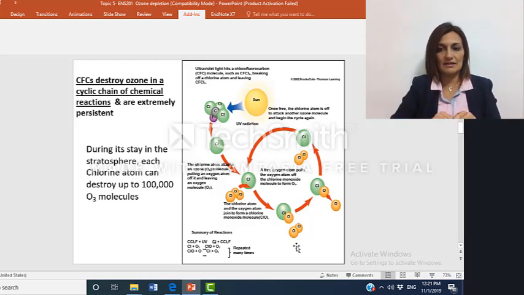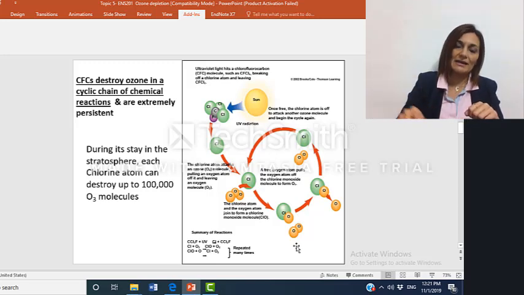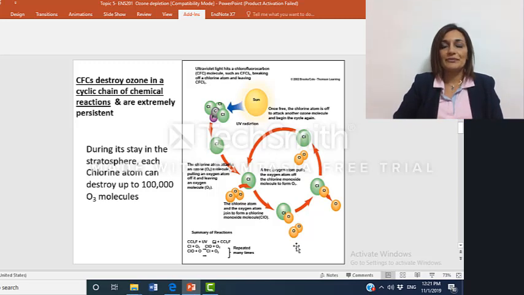This is how O3 is damaged, okay? And interestingly, each Cl can destroy up to 100,000 O3 molecules. So it goes in the cycle back again, stripping up to 100,000 O3 molecules. And this is why it is completely banned. It's very stable. The other molecules work similarly by releasing their Cl or their stable atom and stealing an O from O3.